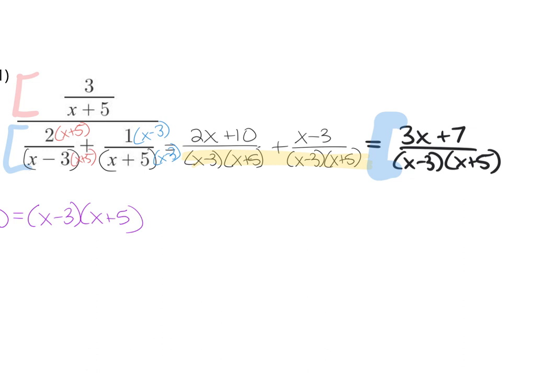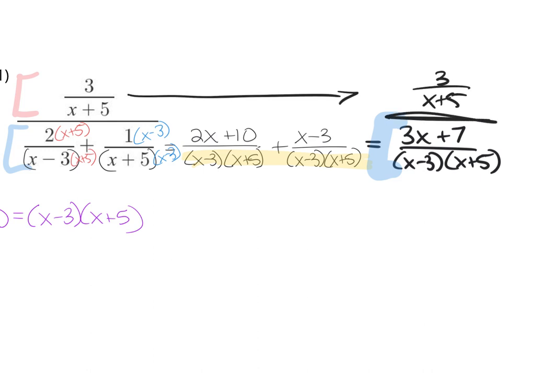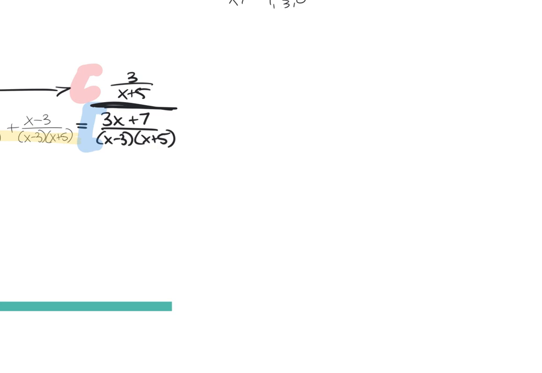I can slide over my numerator from earlier: 3 over x plus 5, and our division symbol. Remember, that was our numerator from before. Rewrite it as a division problem: 3 over x plus 5 divided by 3x plus 7 over x minus 3 times x plus 5.